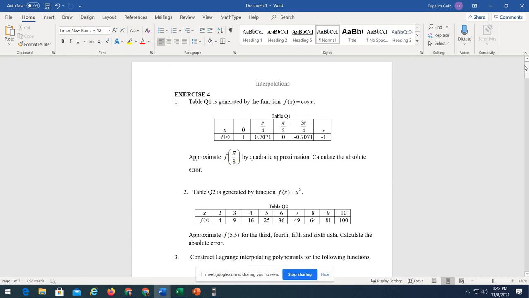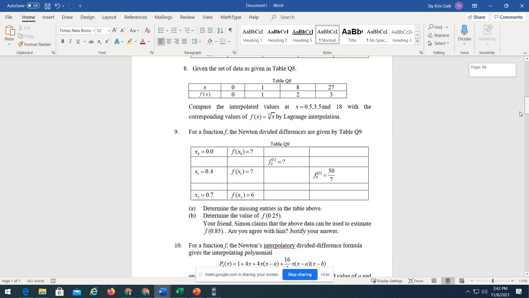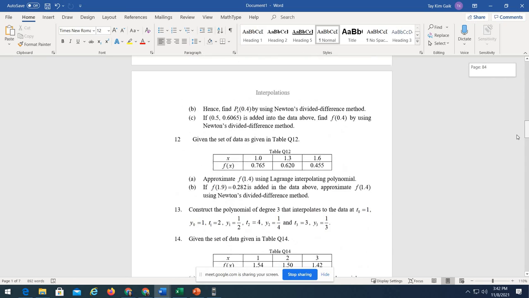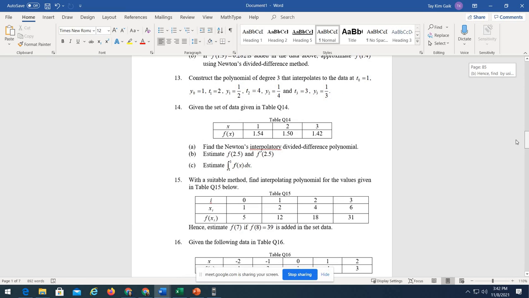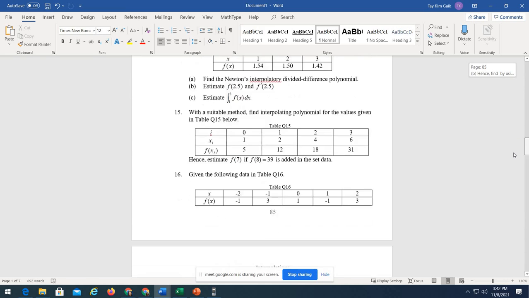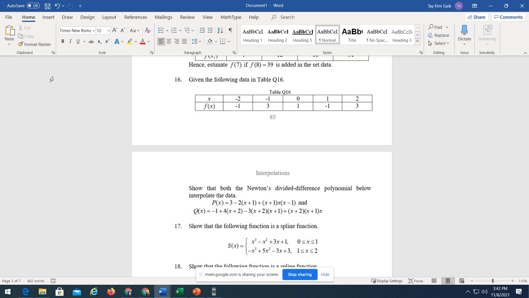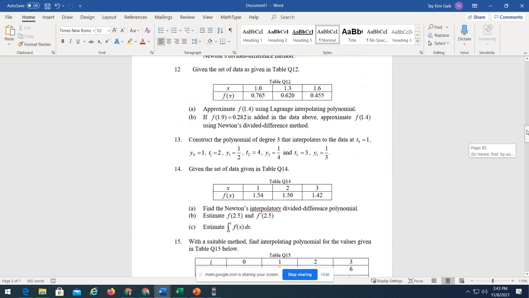Do you want to do exercise 4 or go back to exercises 2 and 3 that haven't been completed? Then to continue, do one question for Newton divided difference. Exercise 4. Okay, I pick up one question first. Later on, I will send you the file.